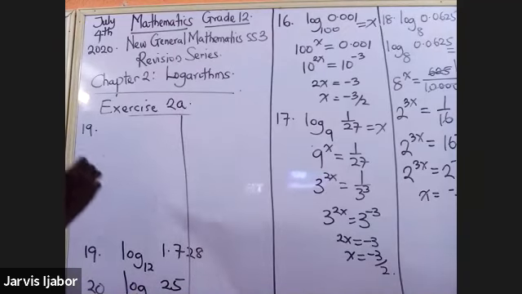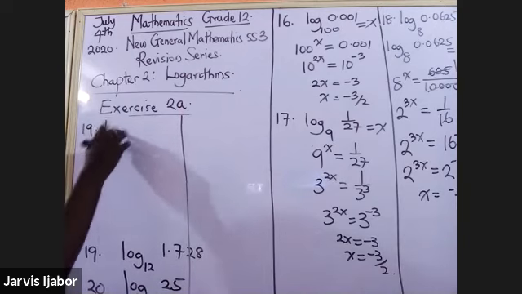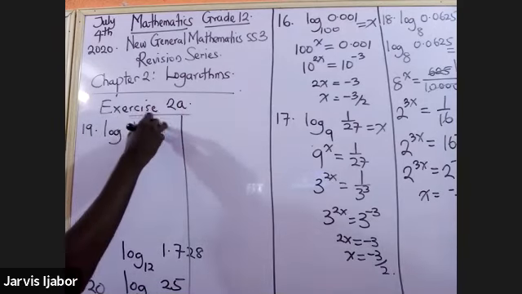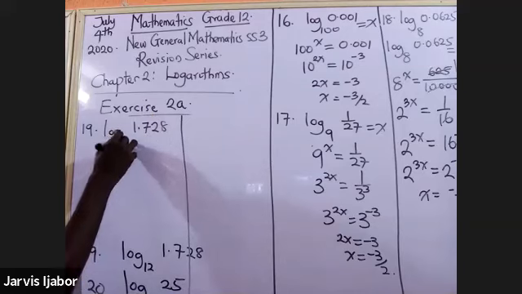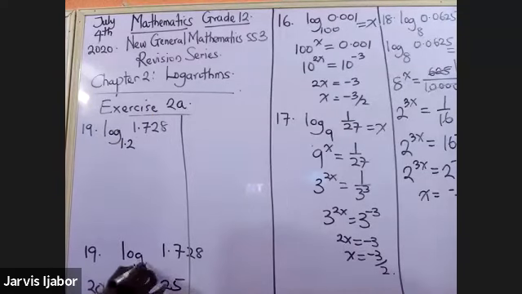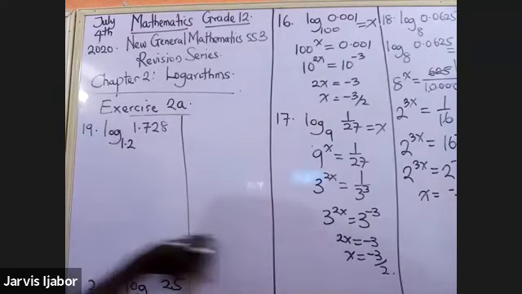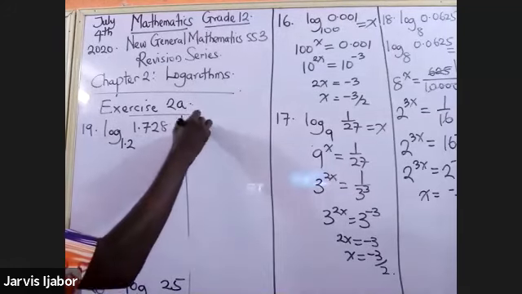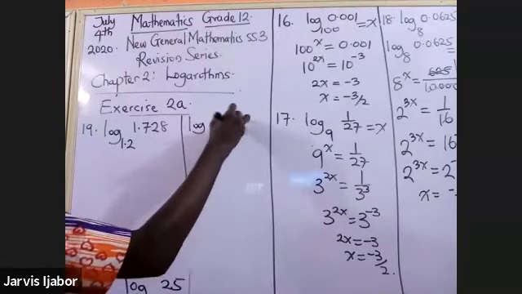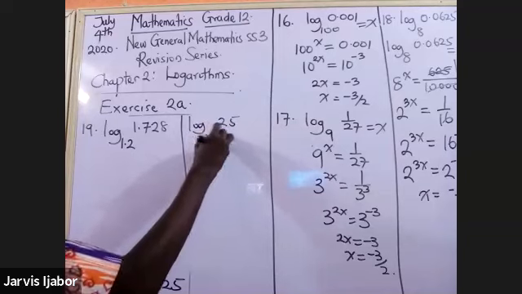Right, question 19 here. Log 1.728 base 1.2.